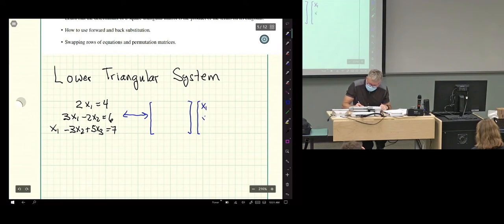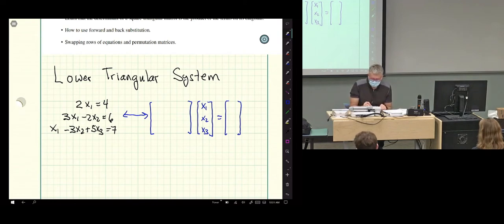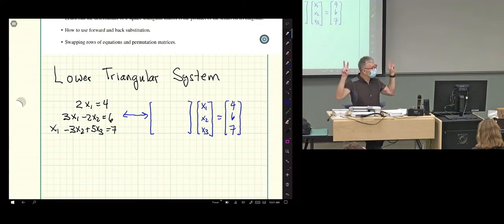And we're going to stack the variables in the obvious order since they're labeled x1, x2, x3. Let's write it in the matrix form, Ax equals b. Okay, so all of our constants are already on the right-hand side, so we can just copy those in here. And then this is a case where we have missing variables. We didn't write down 0x2 and 0x3, right?